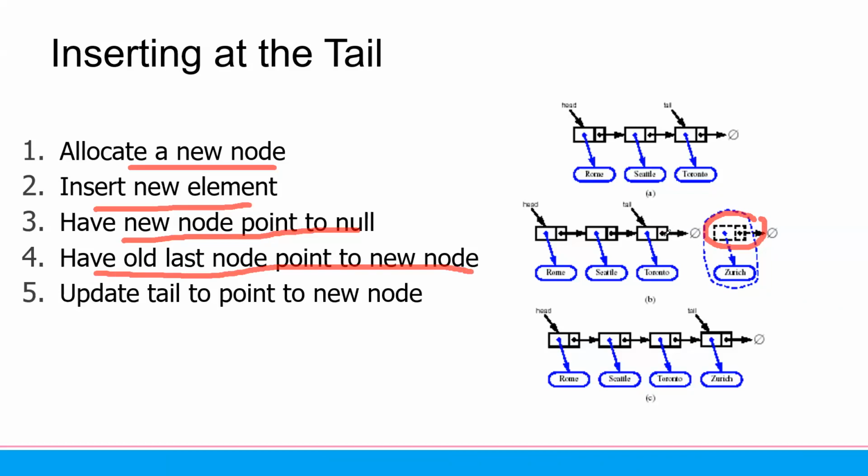So this pointer can be connected to the new node. After it is pointed to the new node, we need to update the tail to point to the new node. So before it was the tail, but now it is the new tail.